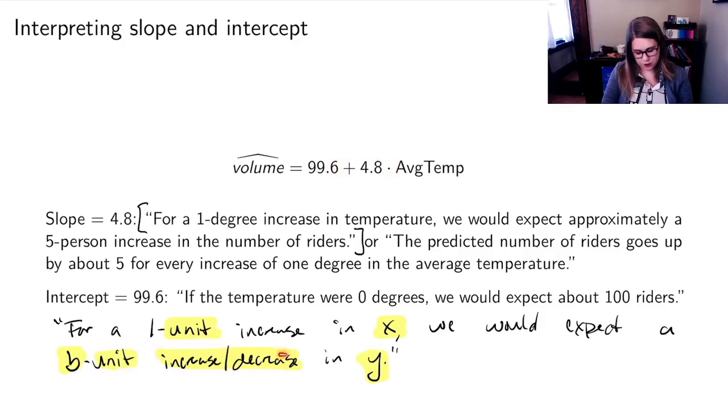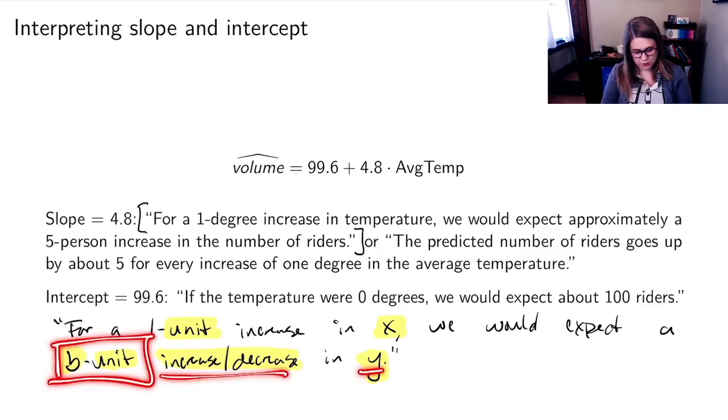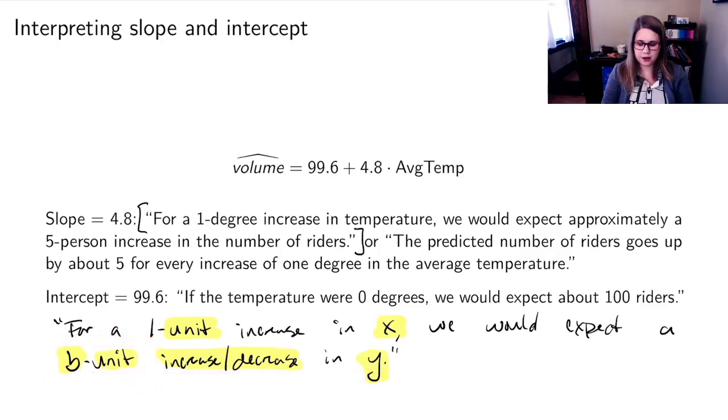If it was a negative slope, I'd say decrease. So a 5-person increase in the volume, the number of riders. So it is always a 1 unit increase and then a b unit increase or decrease in y. So you can just use that recipe.